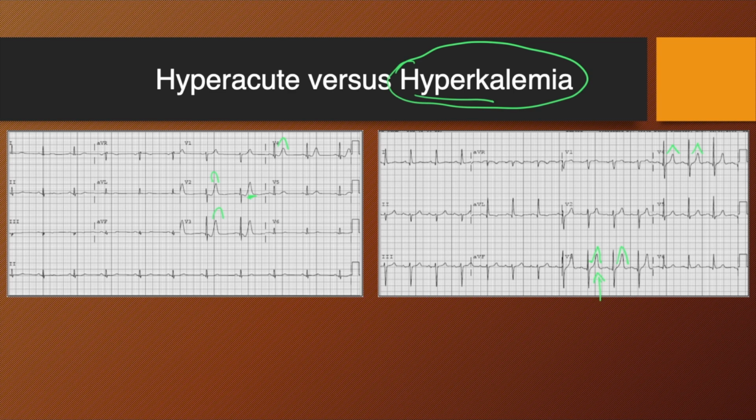So if this is someone who's had severe burns, crush injuries, electrical injuries, rhabdomyolysis, acute kidney injury, has a history of chronic renal disease or chronic renal failure, or end-stage renal disease, and has missed dialysis, something along the lines of that, you'd want to strongly think about hyperkalemia.